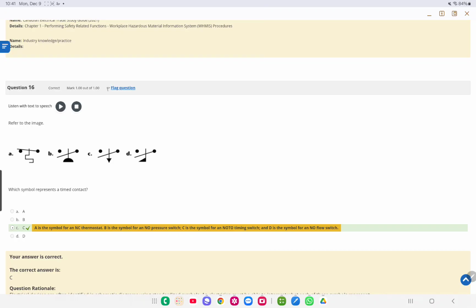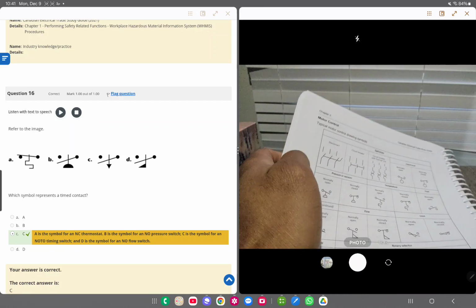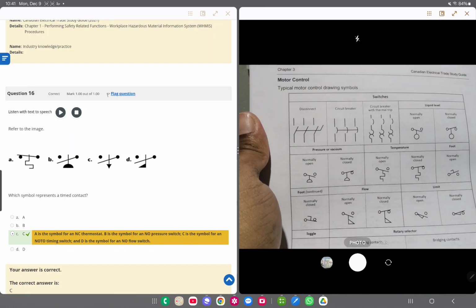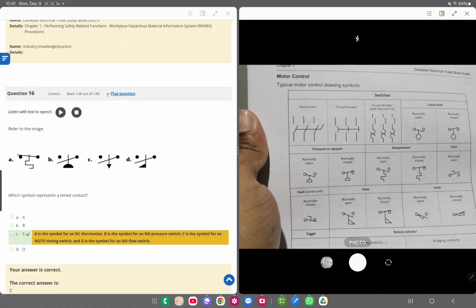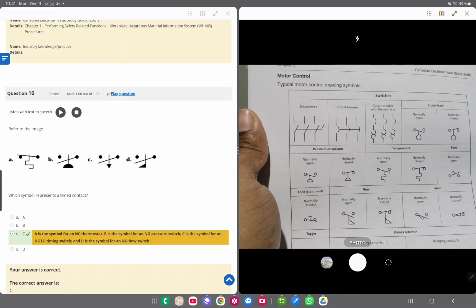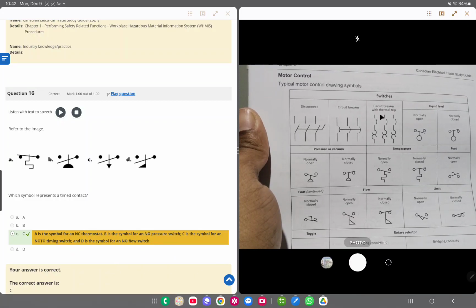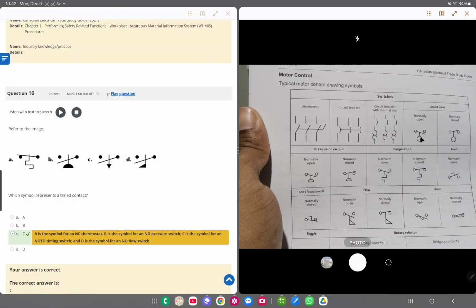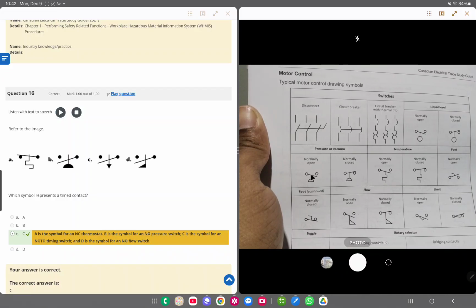But let's see if we can find some more images regarding normally open, normally closed switches and what they look like. Here we are with a couple of motor control switches. We have a disconnect, a circuit breaker, a circuit breaker with thermal trip, a normally open liquid level, a normally closed liquid level, a normally open pressure, and a normally closed pressure.